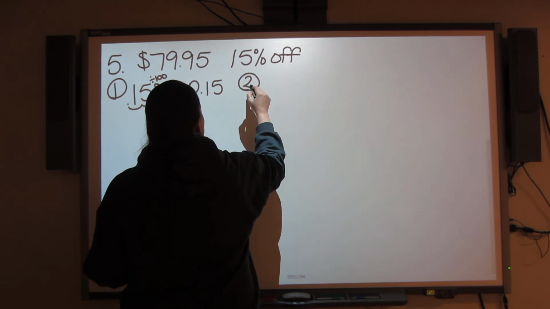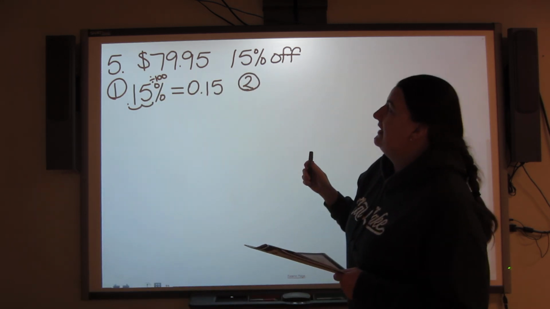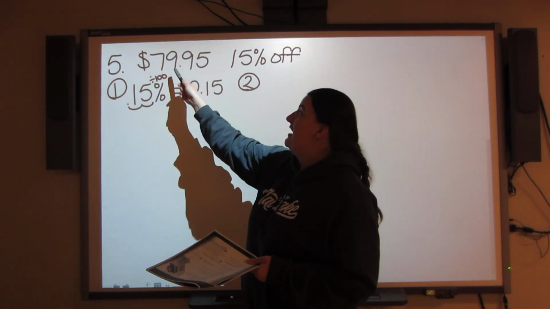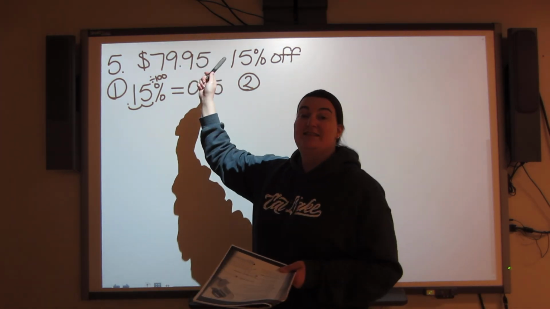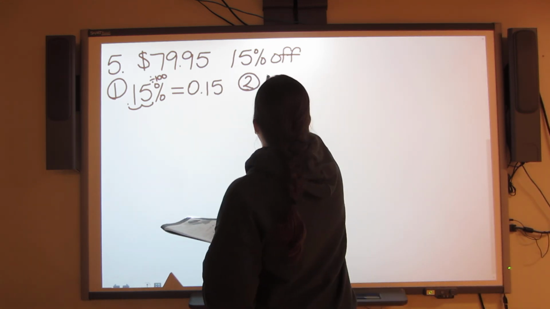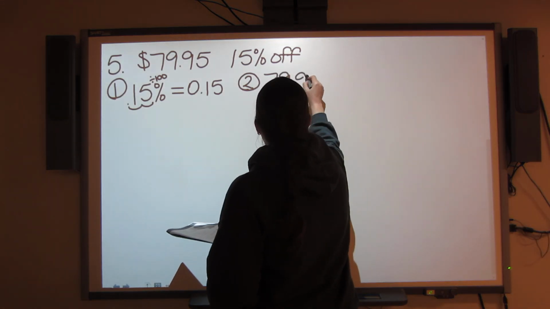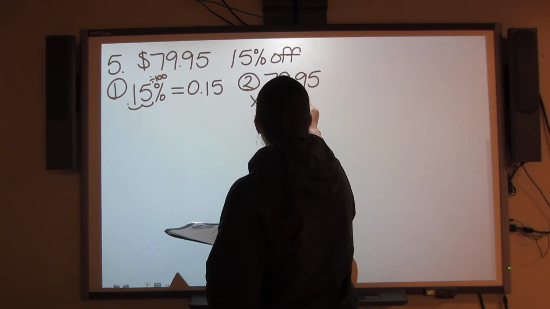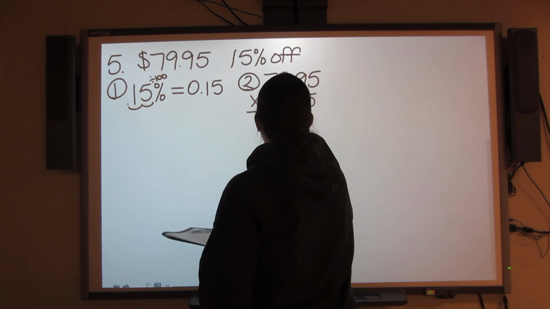Step 2, $79.95. You'll notice this time I do have cents, so I do need to use them in my calculation. $79.95 times 0.15.